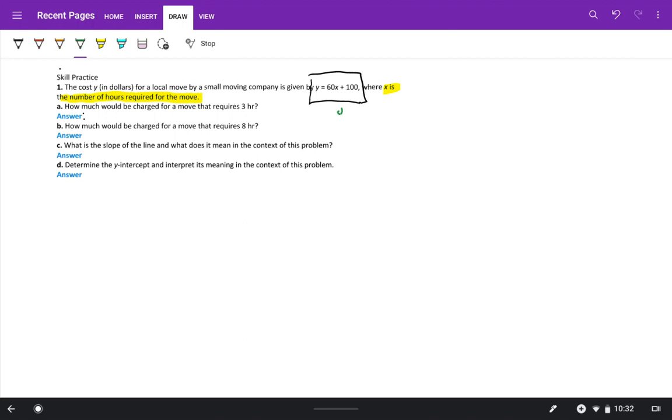So for part A, we know that x is equal to 3, and you're going to use that equation and replace x with 3. So we have 60 times 3 plus 100, and that will give us 280. So we'll have to pay 280 for using the moving company for 3 hours. Okay, so that's part A. B, they're asking how much would be charged for a move that requires 8 hours.